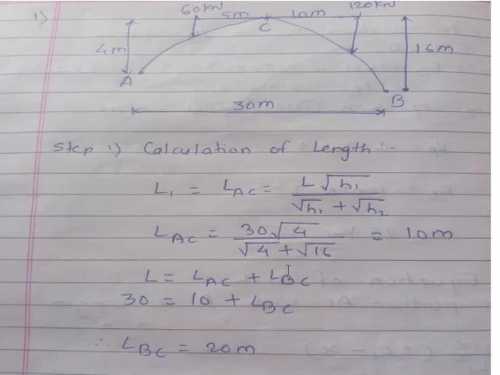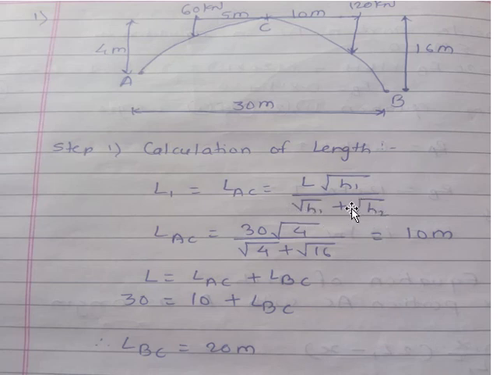So let us start with the analysis. This is the diagram of this 3-hinge parabolic arch. First step, calculation of length. Here capital L is 30 meter. L1 = LAC = L √H1 / (√H1 + √H2).